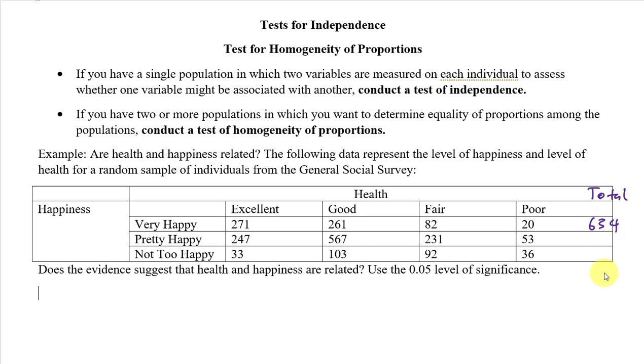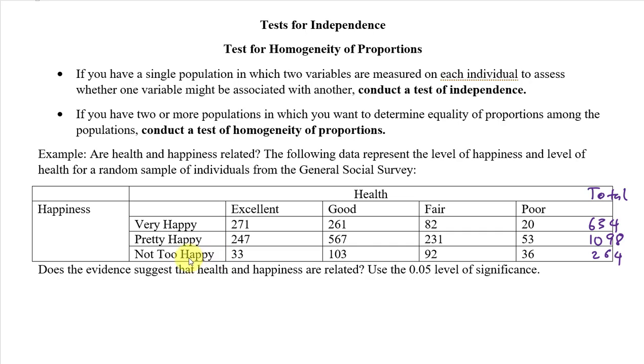Then I add the four numbers of the next row together, and I get 1098. And if I add the four numbers of the last row together, 33, 103, 92, and 36, I should get 264. So that is the total of each row.